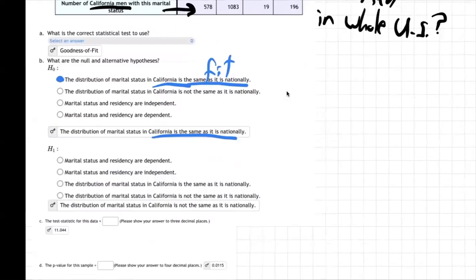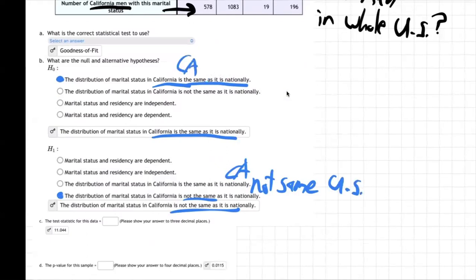And down here, it's not the same. So H1 is California men not the same as the US, and H0 is California men the same as the US. That's what H0 and H1 say. That's in the notes.